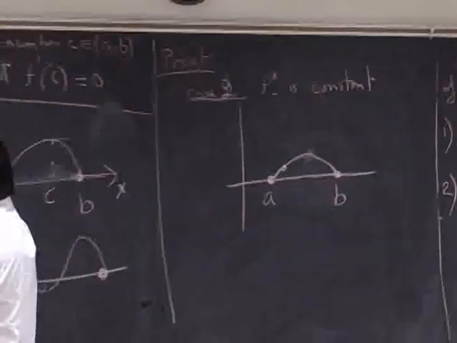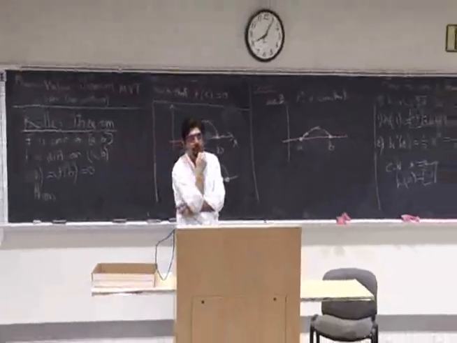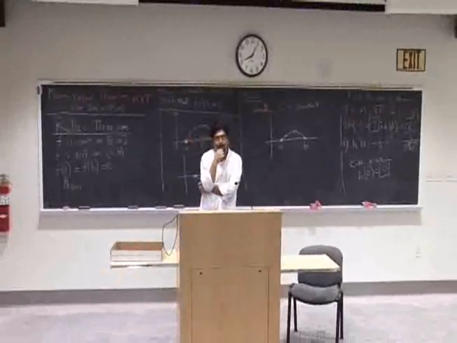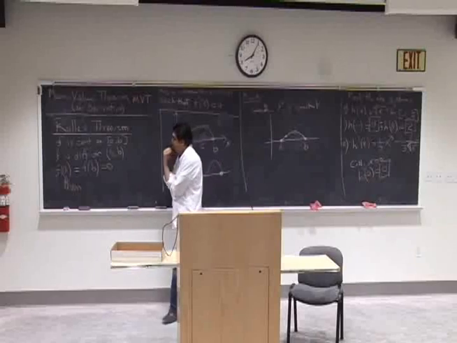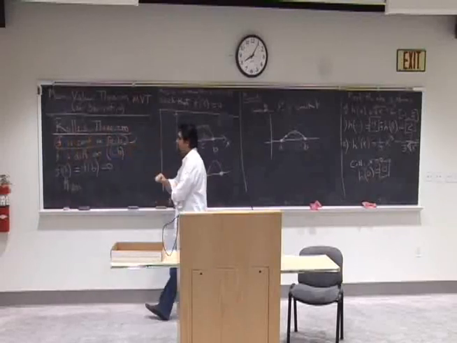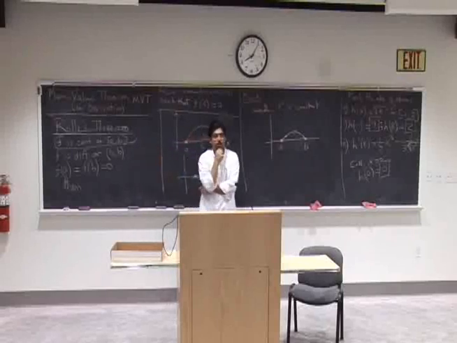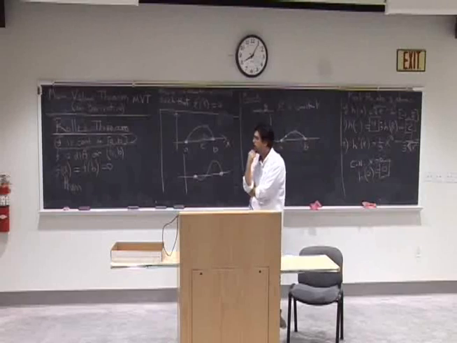Part of this hypothesis guarantees the existence of extrema. Which part? F of A is equal to... No, this one. This is the condition for the extreme value theorem. If you just know that, you know there's an absolute extremum, right? Does that make sense? Okay.